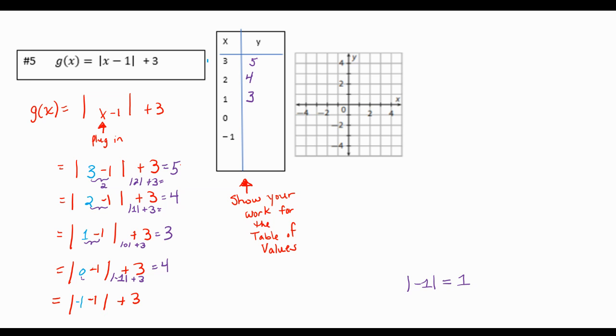Okay, the next one. Negative 1 minus 1 more is the absolute value of negative 2 plus 3. What's the absolute value of negative 2? It's equal to a positive 2. So this would become 2 plus 3, so that equals 5. Oh, I forgot to put this one here, 4 and 5.